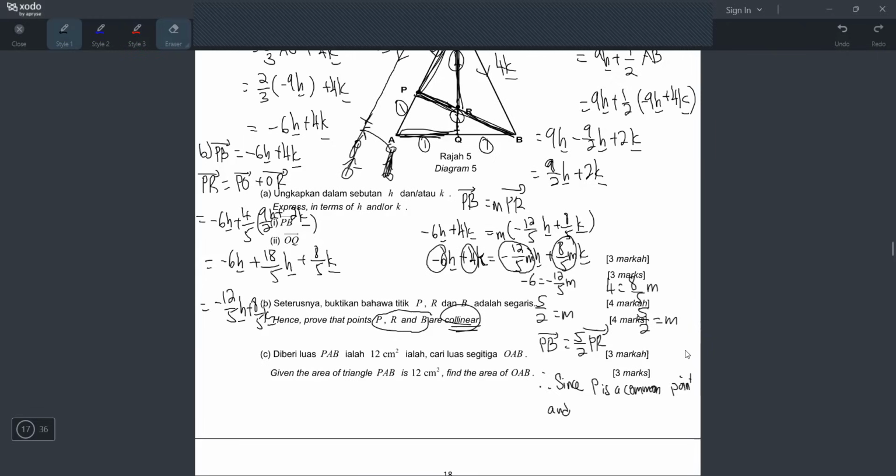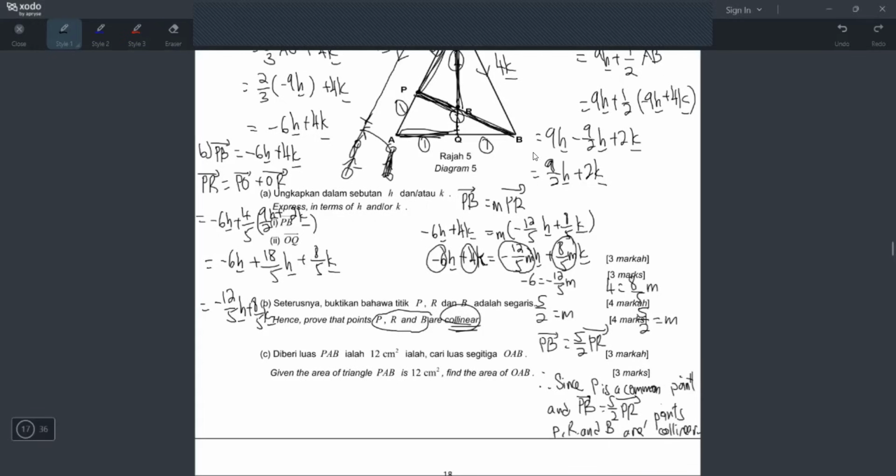Since P is a common point and vector PB equals 5/2 PR, which means they are parallel, by the way. Okay, if the two vectors can be equal like this, they are parallel. The 5/2 is just the ratio. Then we can write points P, R and B are collinear. Okay, this is how you get full marks, right?